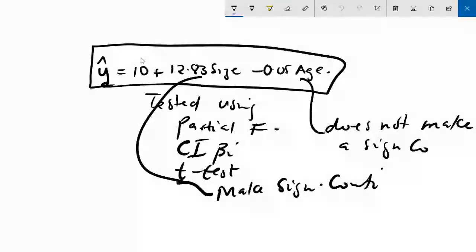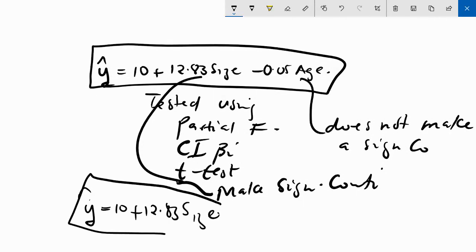What I asked you last week was to test using any of these three methods, and based on your findings, I asked you to give me the final model. Based on this class example, your final model at the end was 10 plus 12.83 size.